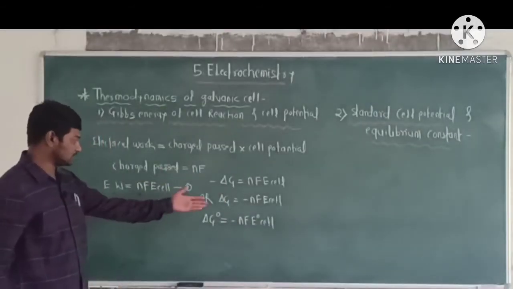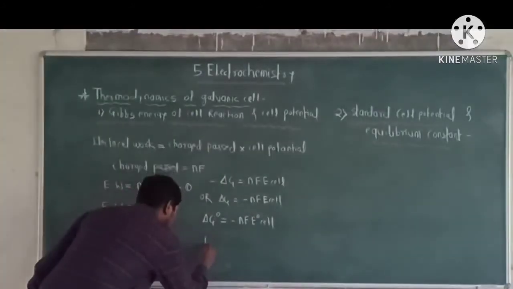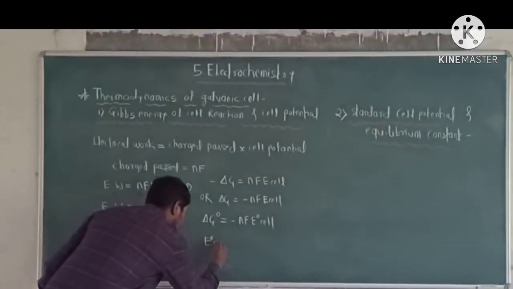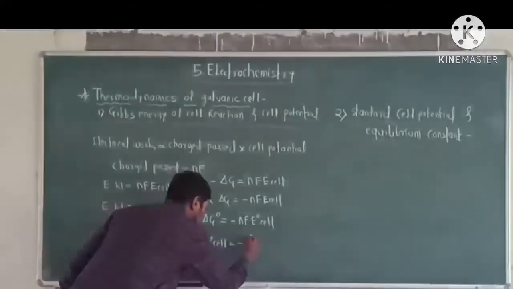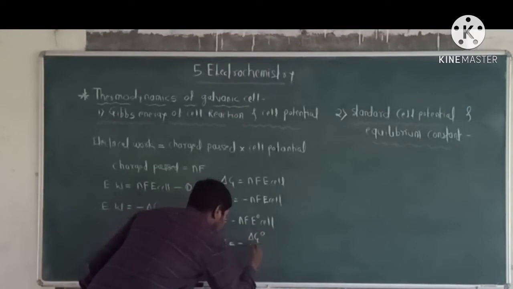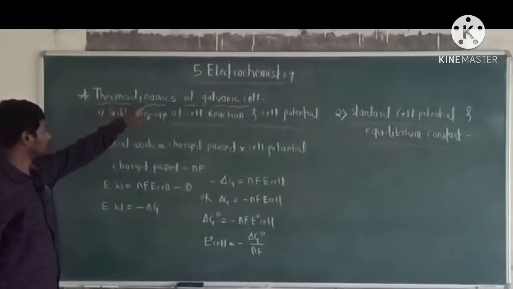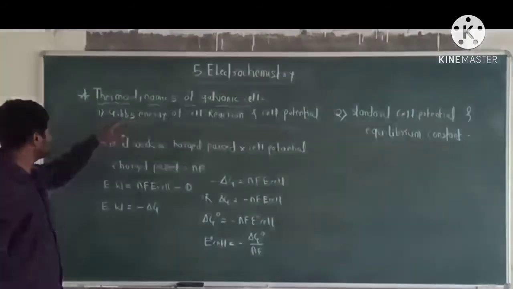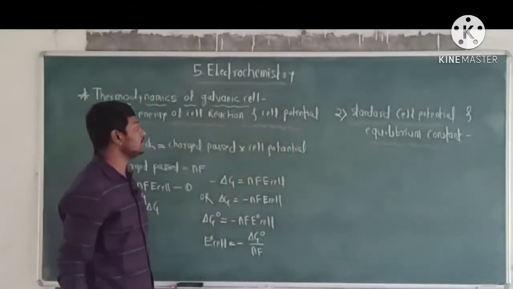Rearrange this equation, we get another equation, that is E0 cell is equal to minus delta G0 upon nF.